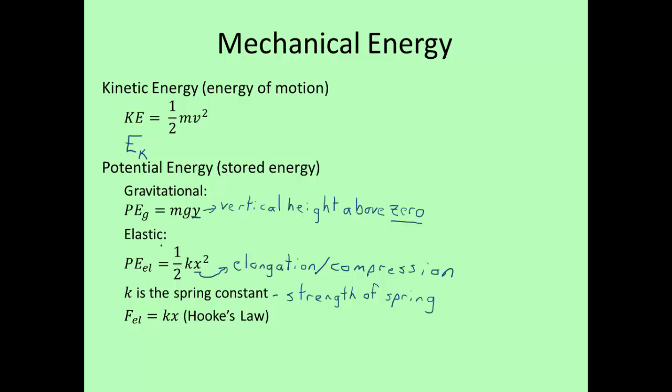If we look back at just the energies up here now, and we think about how we measure energy, energy is measured in the units of joules, which is abbreviated with a capital J. In order for you to have joules as units, your mass must be measured in kilograms.